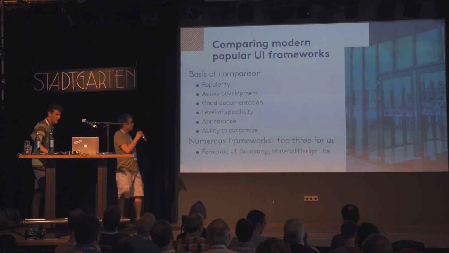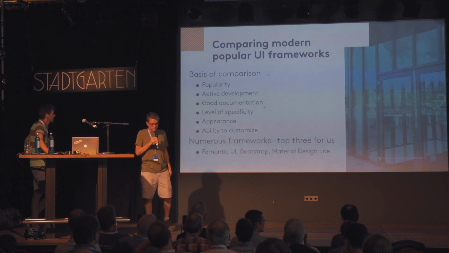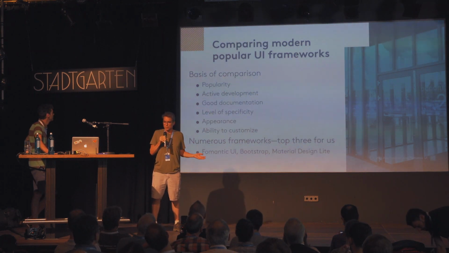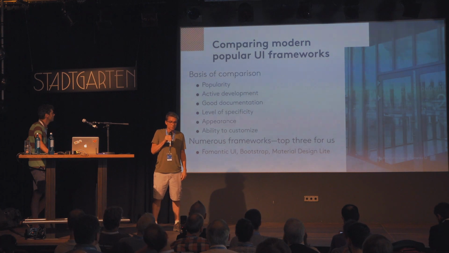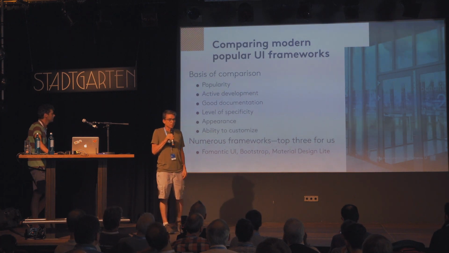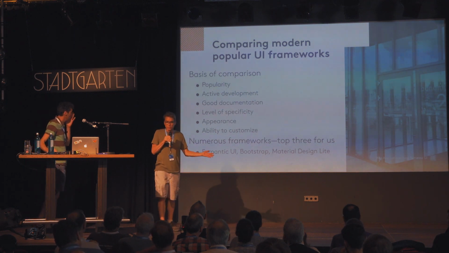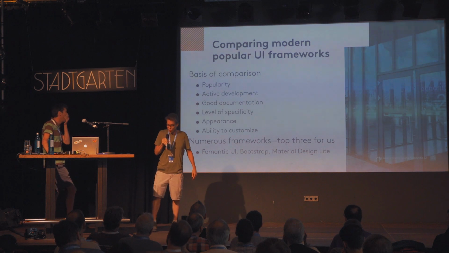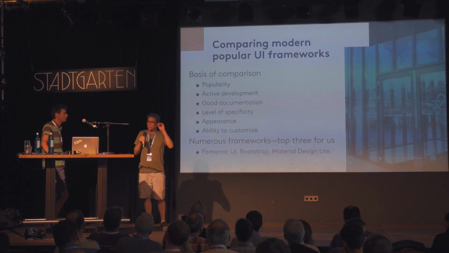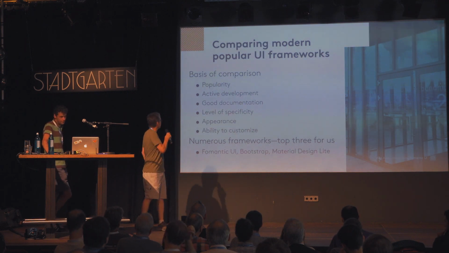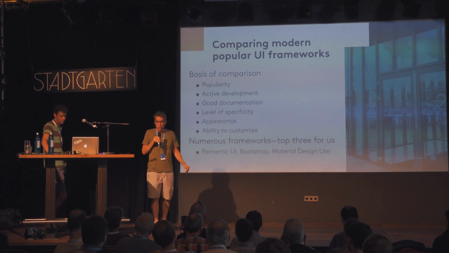Okay, so you probably are all familiar with there are multiple options as far as modern UI frameworks that you could choose. And we really decided, well, how can we compare these things? What makes one stand out from another? And so here's what we did. We first of all decided, well, we want one that's popular.